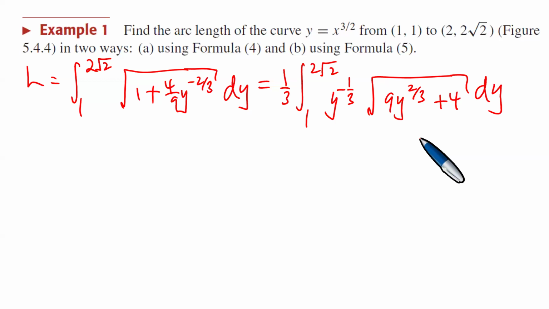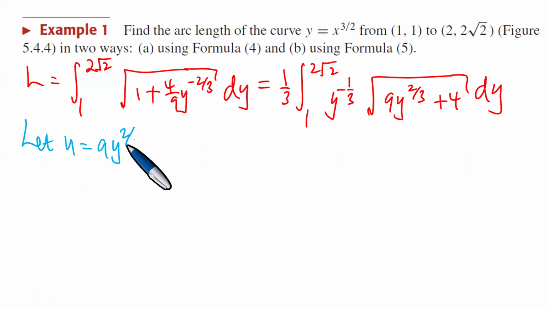And to evaluate this integral here, it's easy. Let u be everything under the square root. 9y to the 2/3 plus 4, then the derivative, which is 18 out of 3, 6.